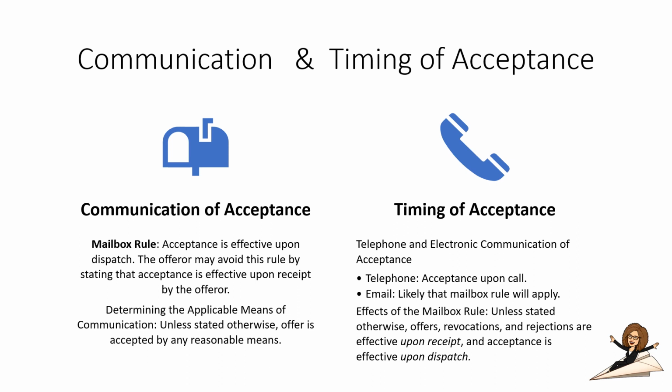But if I send you an email saying, guess what, I already sold the book, given that my offer was to sell you the book, when my second email comes saying, I have already sold the book, that lets the offeree know that the offer has been revoked. And as long as the offeree receives that email revoking the original offer before the offeree has accepted, then that revocation is effective.